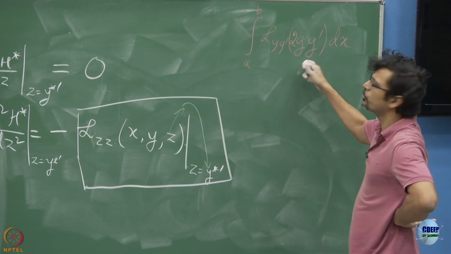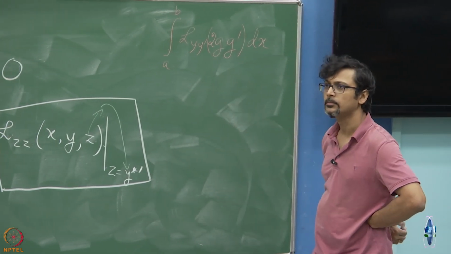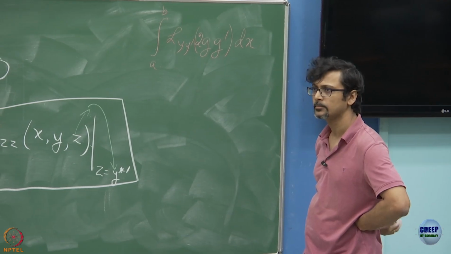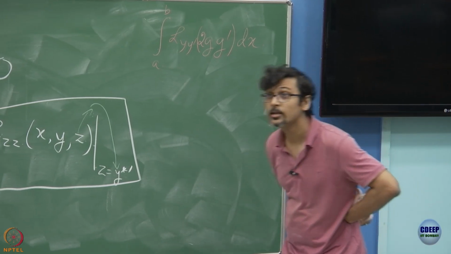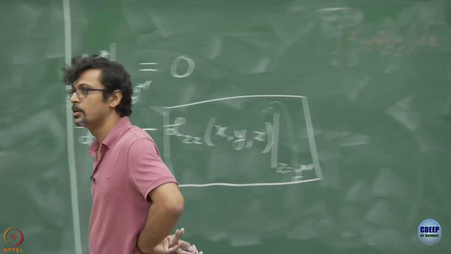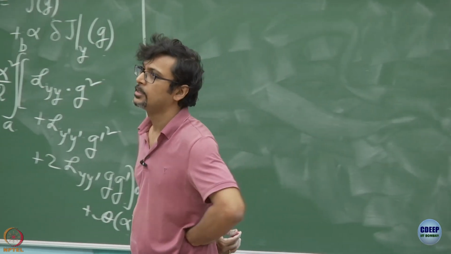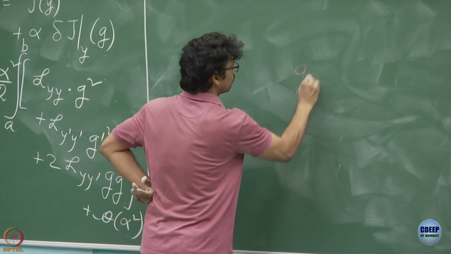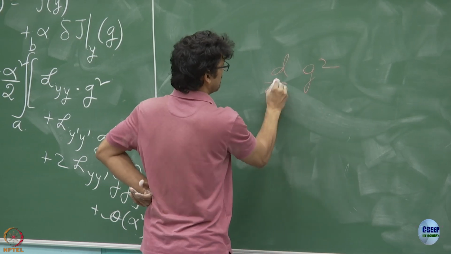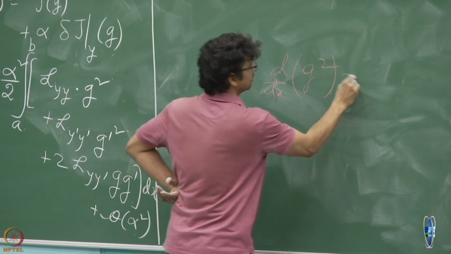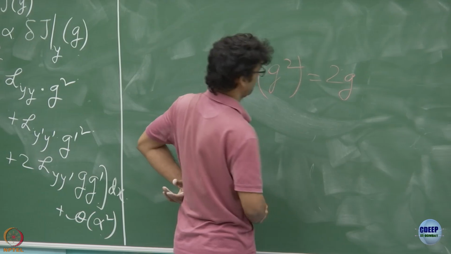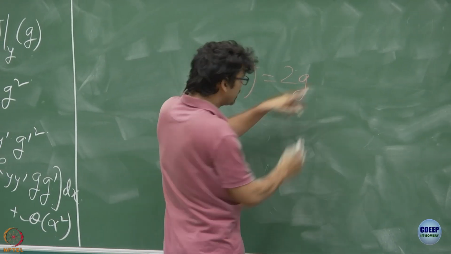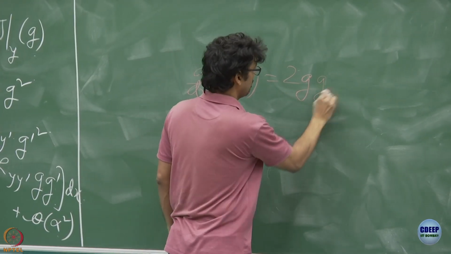Does something occur to you when you look at this? Yeah, so it is basically, isn't it, the derivative of g squared. If you take g squared d dx, then this is 2g times dg dx, which is g prime, right?